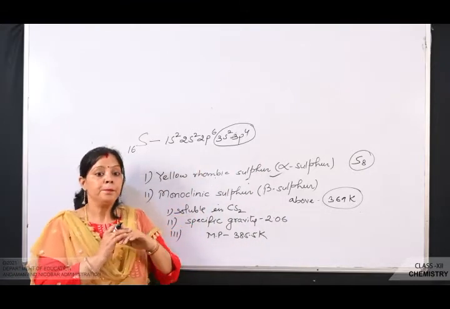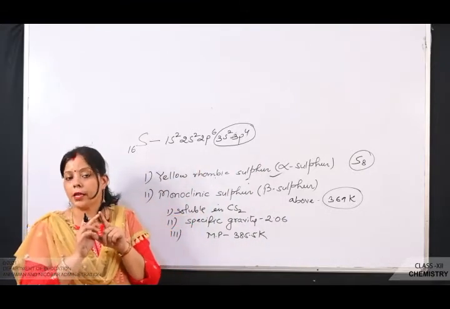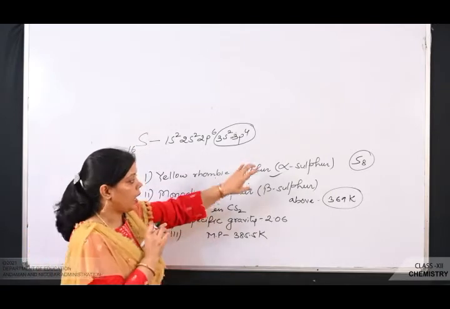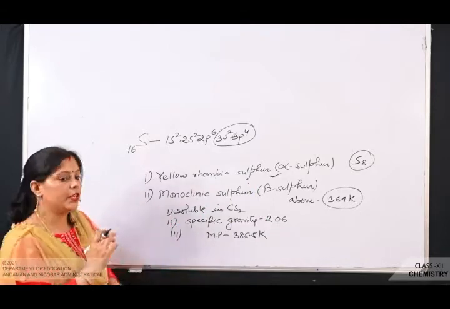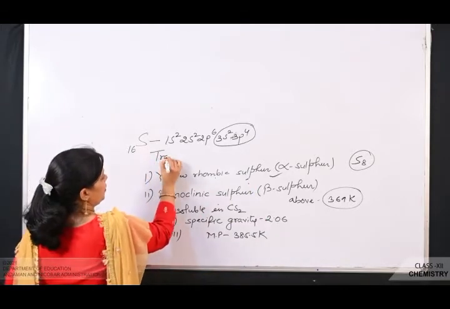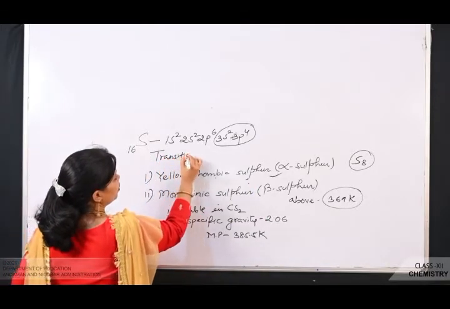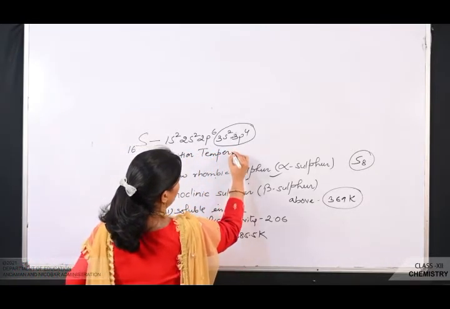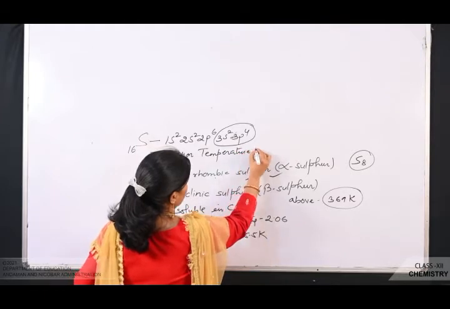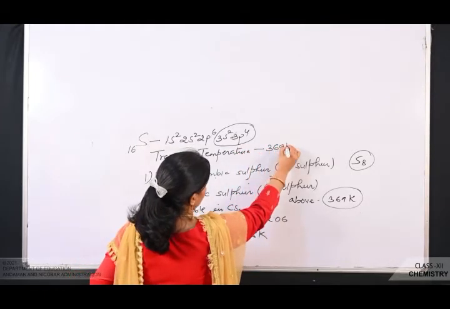It means at 369 Kelvin both the alpha and beta forms are stable, and this temperature is called the transition temperature, because above and below it the forms are transformed.